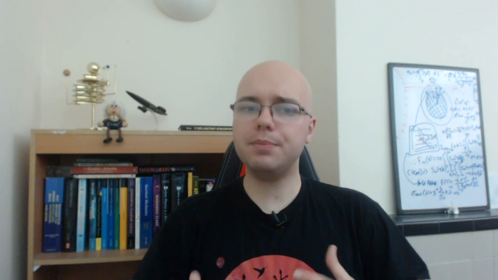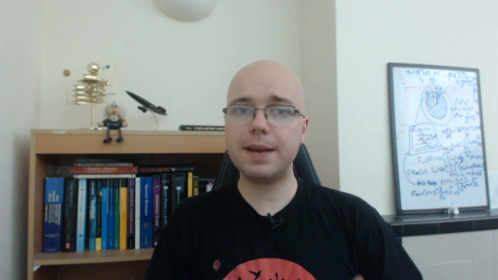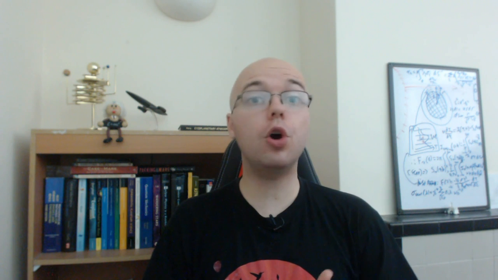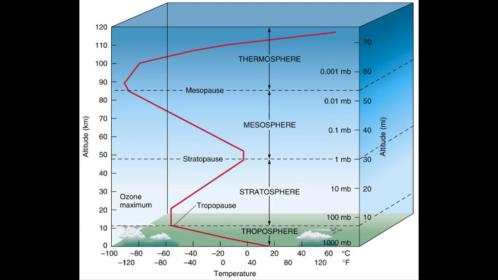Well, if you've ever climbed a mountain, then you'll know that the temperature of the Earth's atmosphere is not constant with altitude. In fact, it decreases with altitude in the lower atmosphere, increases briefly once you hit the ozone layer due to absorption of UV radiation, and then increases once more once you reach the edge of space due to X-rays and other high-energy radiation.